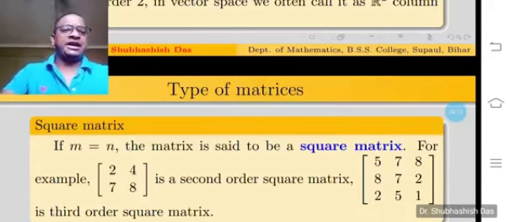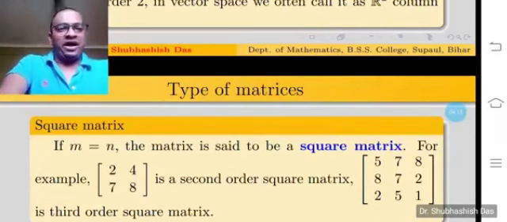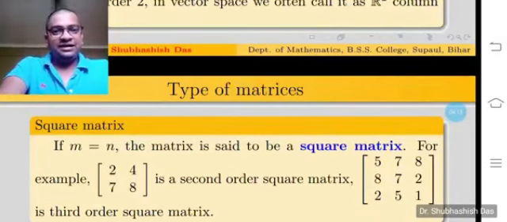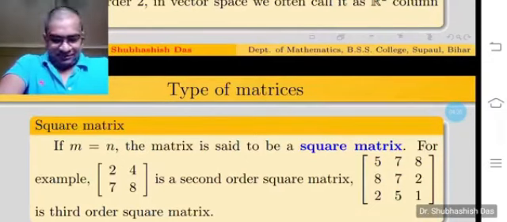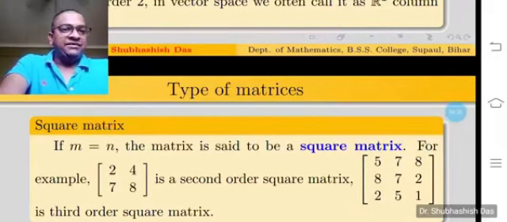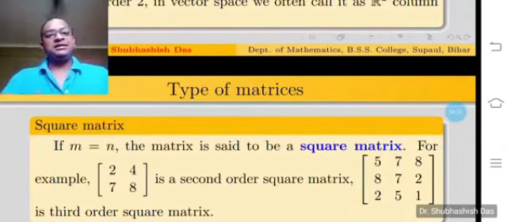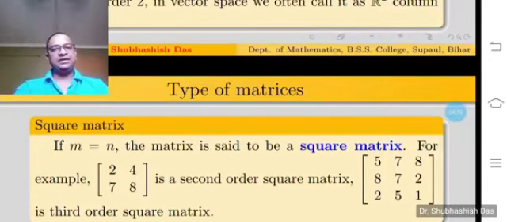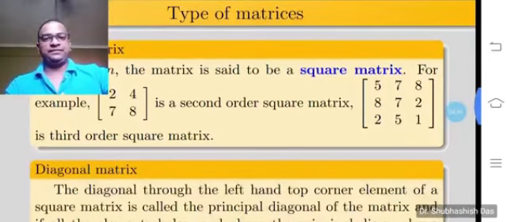A square matrix looks like a square form. For example, 2 4 7 8 is a 2 by 2 square matrix. Another example, 5 7 8 8 7 2 2 5 1, is a 3 by 3 square matrix.